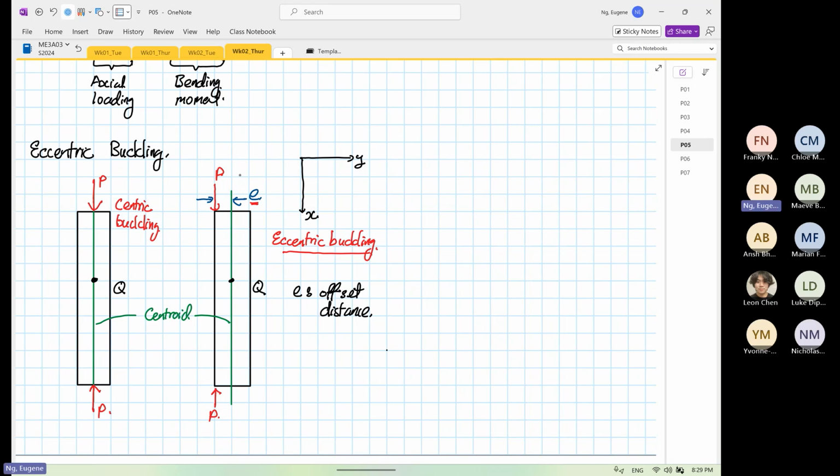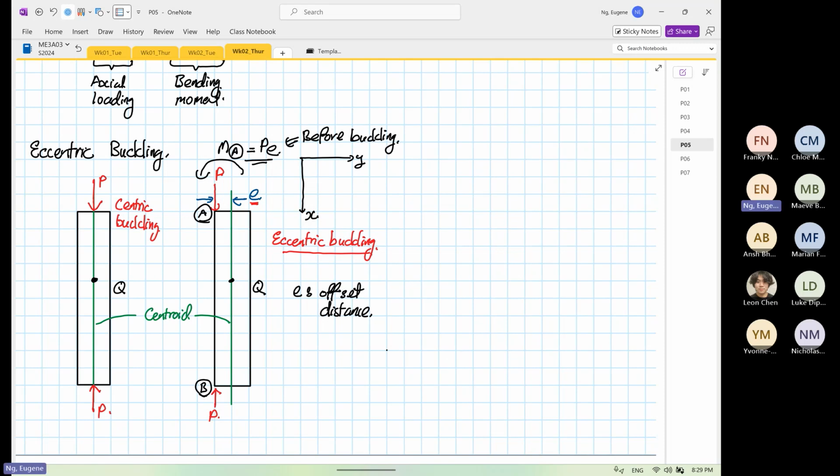So now we have a moment, and I'm going to call this point A and point B. So moment at point A is equal to P multiplied by E. Now this term over here happens before buckling.